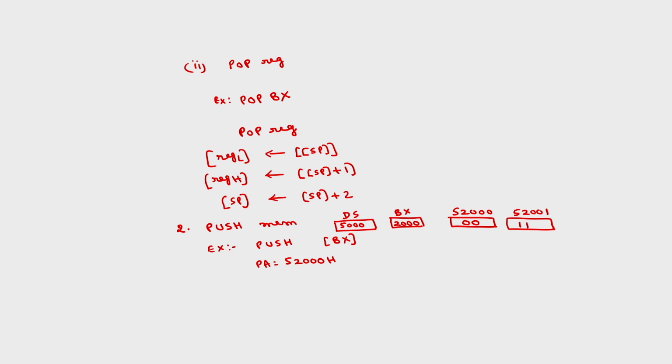So, here what happens is, this contents of 52,000 will be transferred to contents of SP minus 1 and 52,001 will be transferred to contents of SP minus 2 and SP becomes SP minus 2.